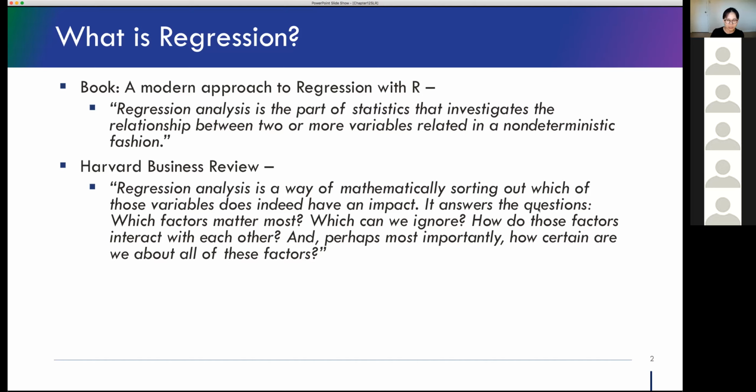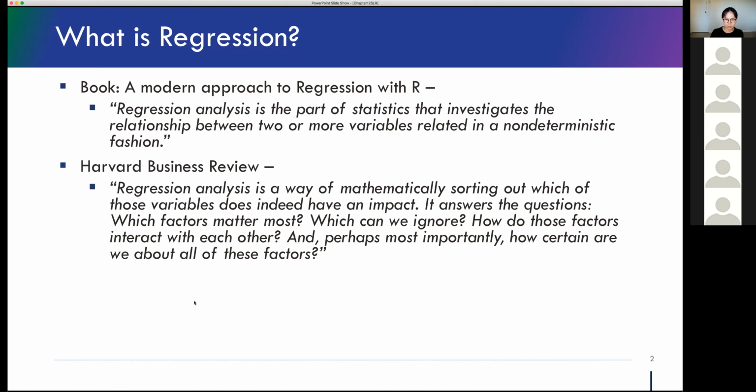It answers questions like which factors matter the most, which can we ignore, and how do those factors interact with each other? And perhaps most importantly, how certain are we about all these factors?